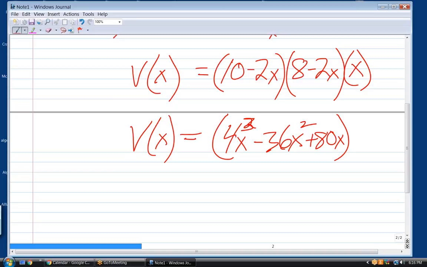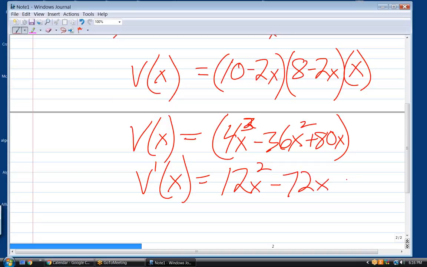Now, if I take the first derivative of this function, v prime of x, what is that equal to? 12x squared minus 72x plus 80.